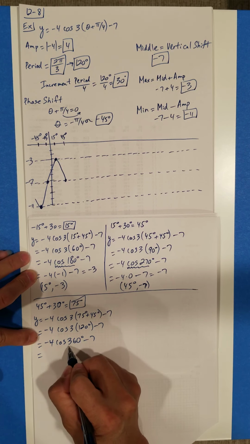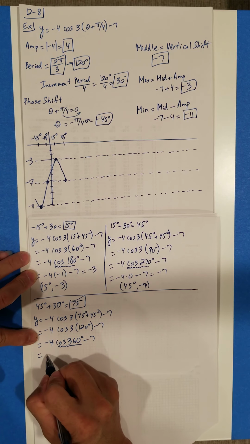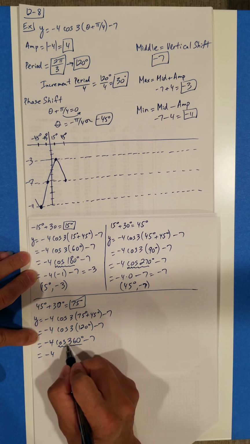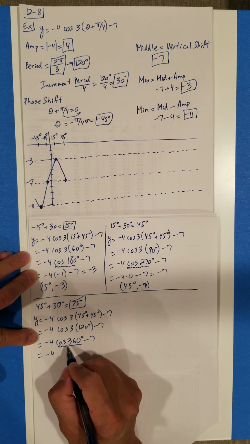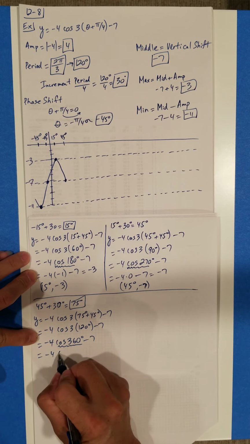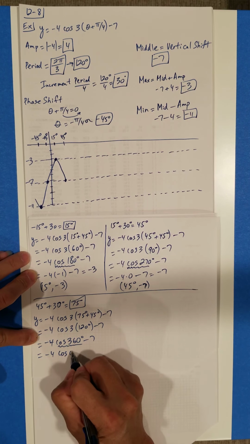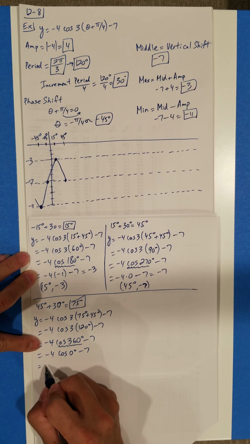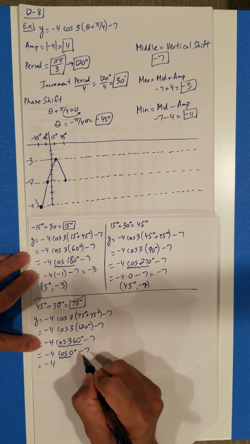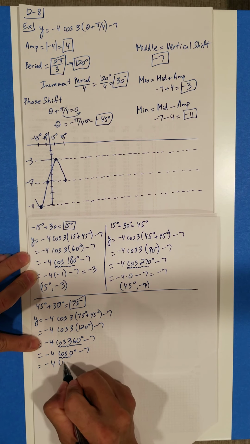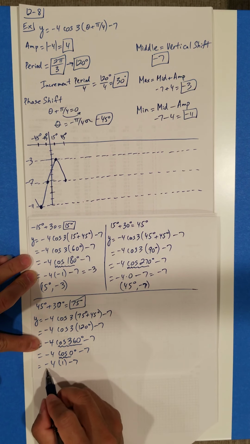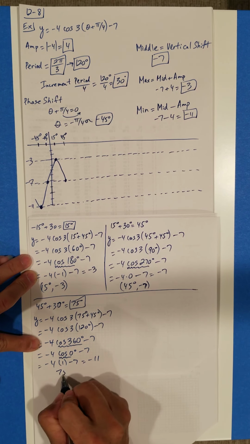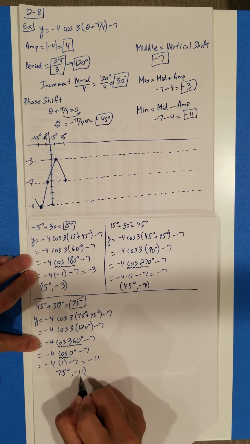Okay, so you can compute the cosine of 360, but cosine of 360 is exactly the same as another angle. What angle is the same as 360? 360 is the same as 0 degrees, so same thing, doesn't matter. So we get -4 cosine of 0 or cosine of 360, same thing, is 1, minus 7. So -4 times 1 minus 7 is -11. We plugged in 75 degrees and we got a height of -11.